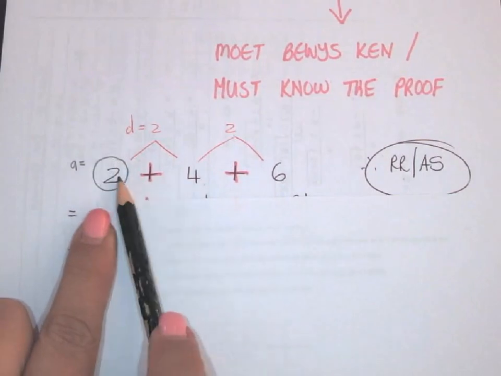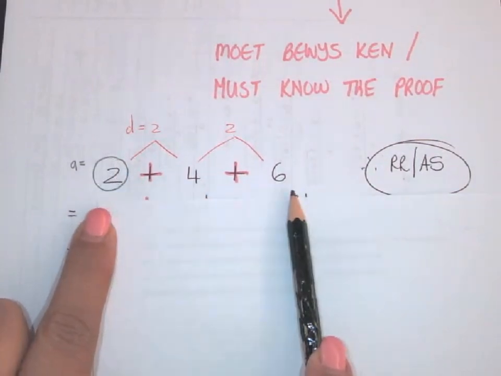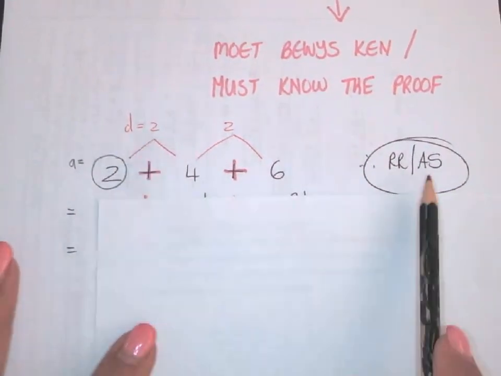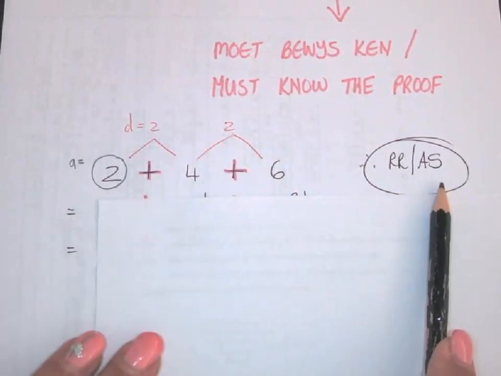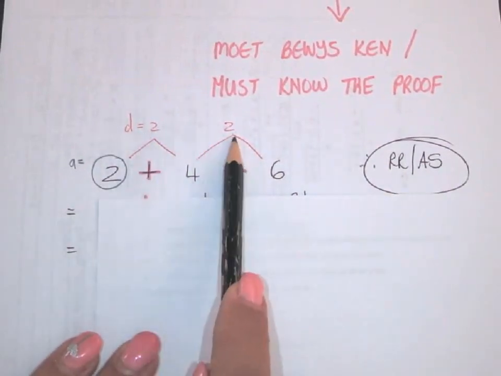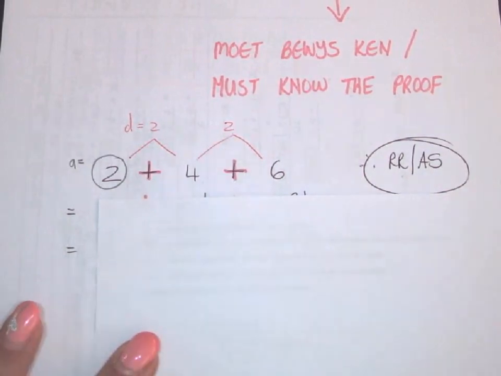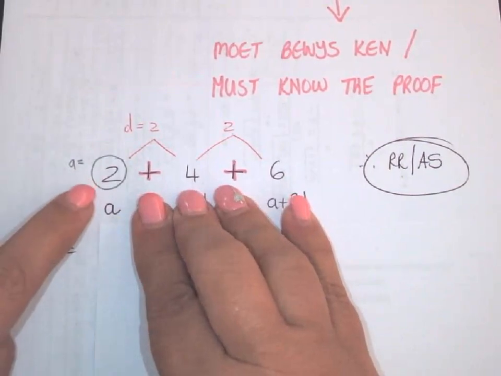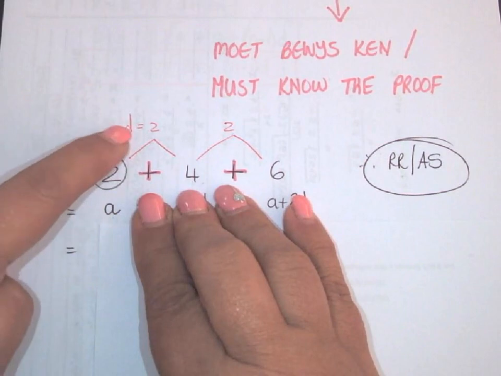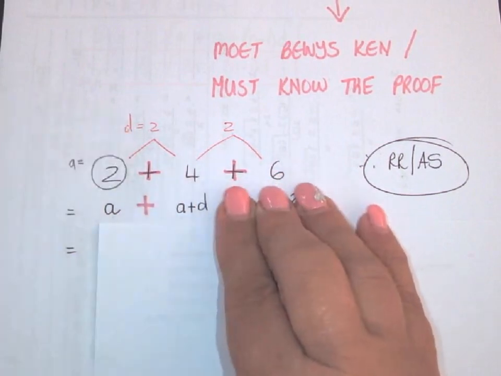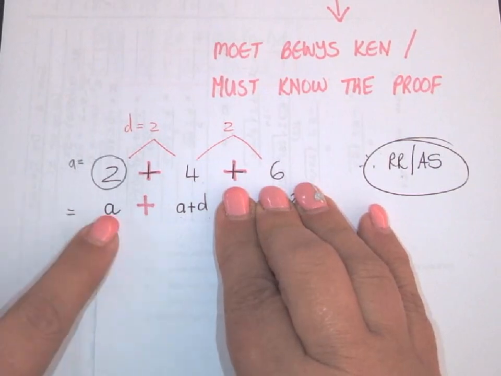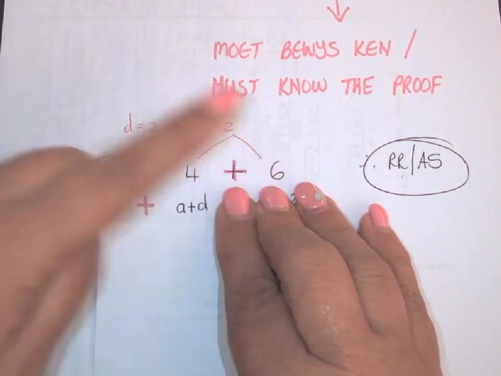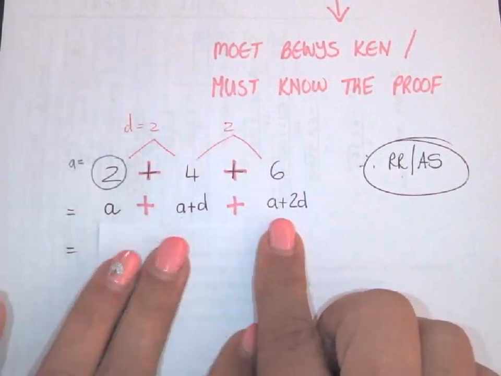If I give you a series like this, and you've identified that it's an arithmetic series, because there's a constant difference, you can say that the first term is called A. The next term is A plus D. Do you agree? Yes. And the third term will also be A plus D plus D. So it will be A plus 2D. Are you with me so far?